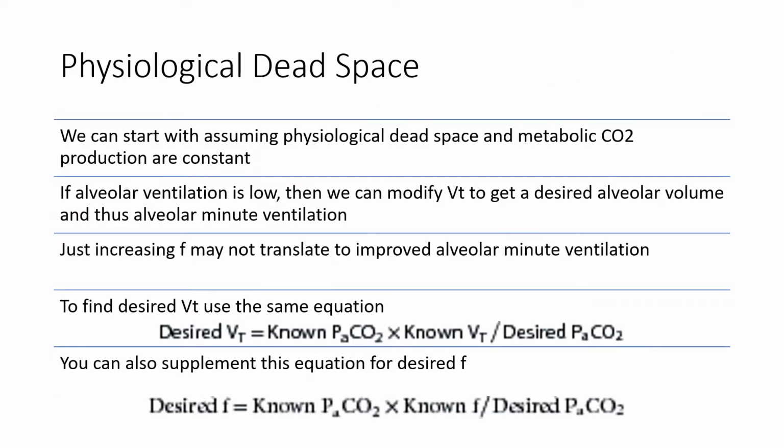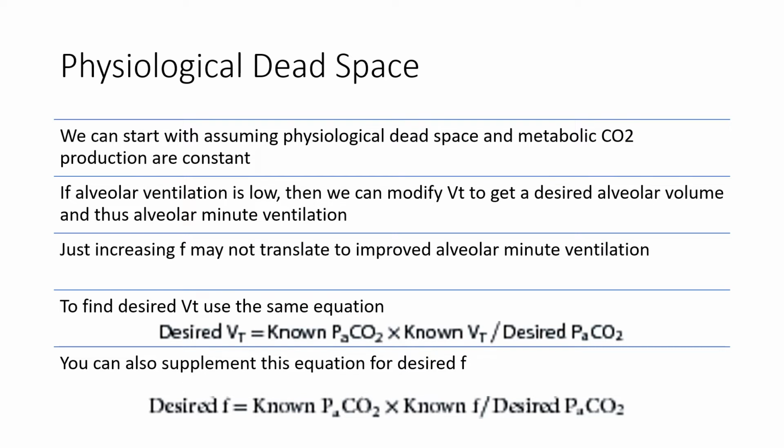Physiological dead space, I've previewed it a little bit. We start by assuming physiological dead space and metabolic CO2 production are constant with our patients. However, understand that if we do have something that increases dead space, like hyperinflation of the alveoli, that would increase dead space, or poor perfusion, for some reason if they started going into heart failure or cor pulmonale, or they were hemorrhaging, so low blood volume, that's going to increase physiological dead space.